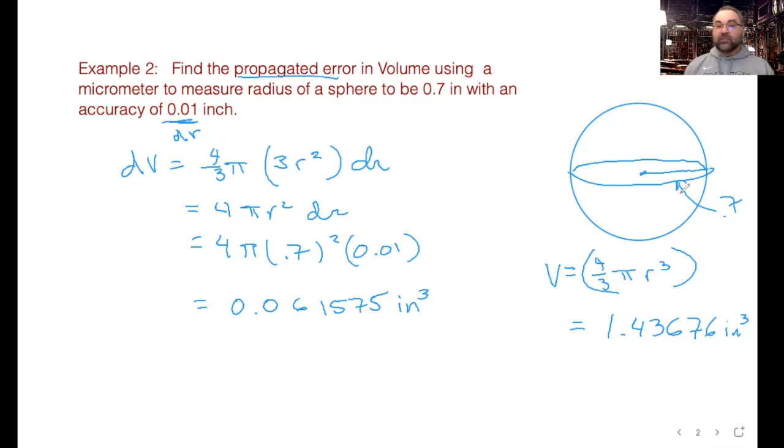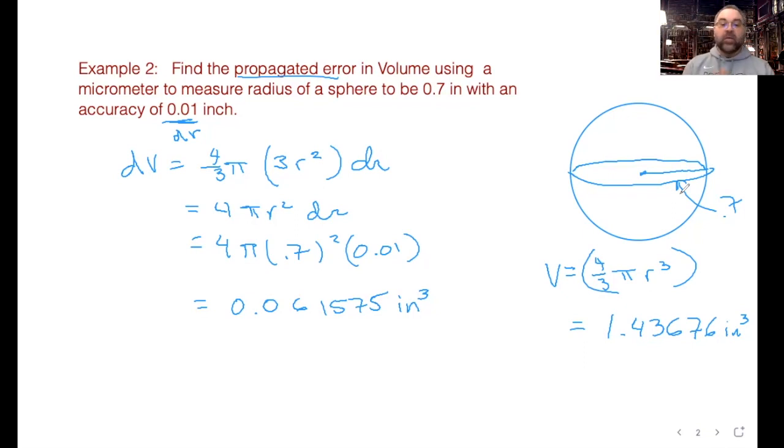How about that? It's using the linear equation, that tangent line to the volume equation, 4/3 pi r cubed, to approximate, if I go over horizontally 0.01 inches, so instead of 0.7, it's 0.71, how much vertical change do I expect to see?